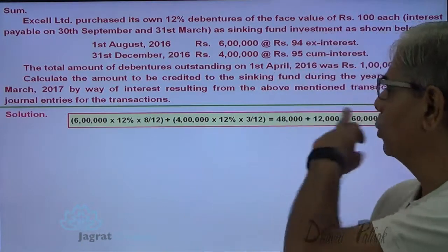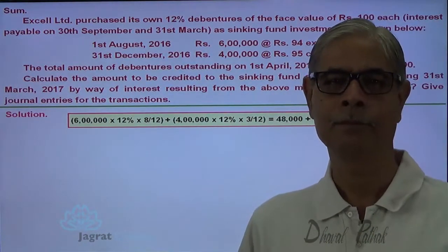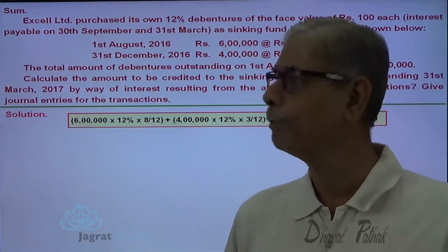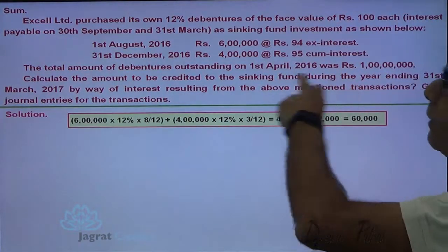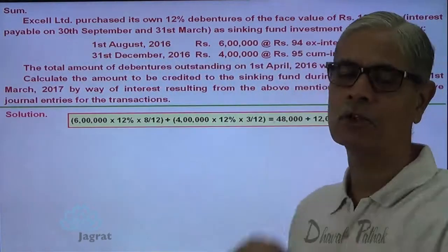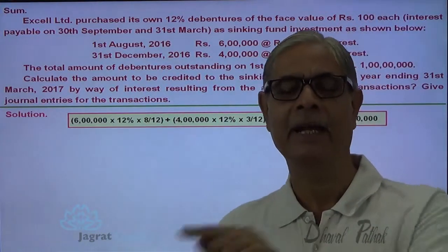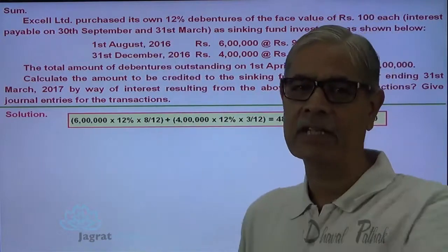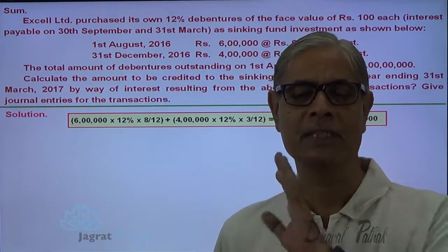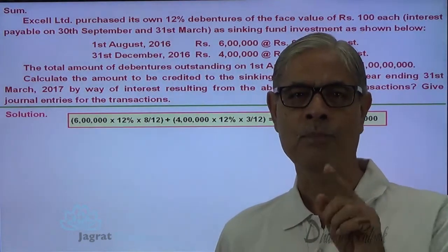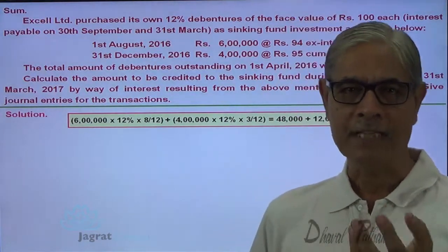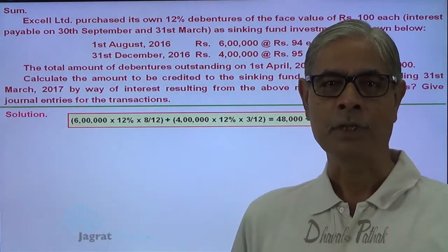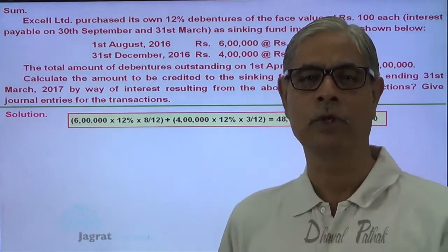Now I want to give you the answer to this question in an alternative way, because interest is payable on 30th September and 31st of March. So how much amount will be credited to sinking fund account on the interest date on 30th September? How much amount is going to be credited to sinking fund which has been considered as interest on investment in own debentures?